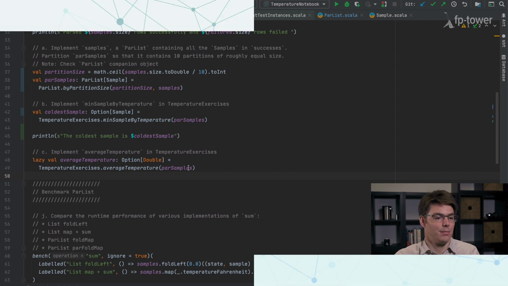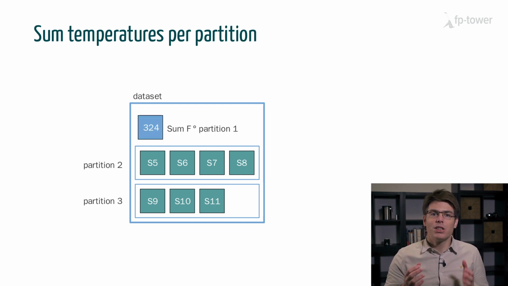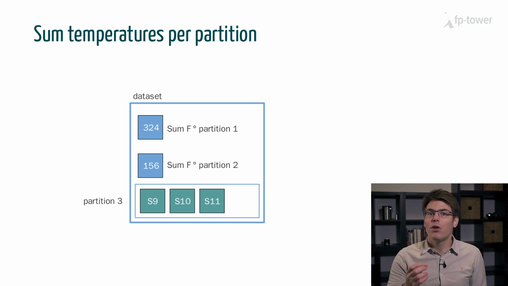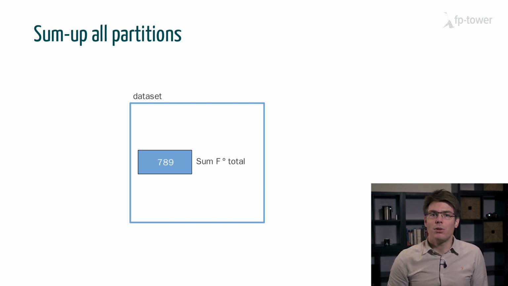Now let's move on to the next question, where we'll try to compute the average temperature across the entire dataset. I've prepared a few slides to illustrate how to calculate this. First, we'll calculate the sum of the temperatures for all samples in partition 1. And we'll repeat this operation for partitions 2 and 3, which will give us 3 numbers representing the sum for each partition. Then we'll add up these numbers to obtain the total temperature across the entire dataset. This is exactly the same strategy that we used to compute the min temperature.